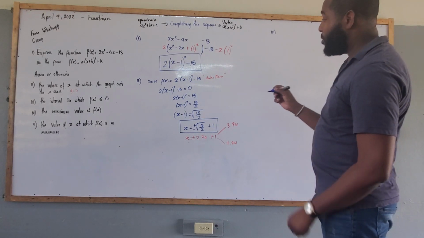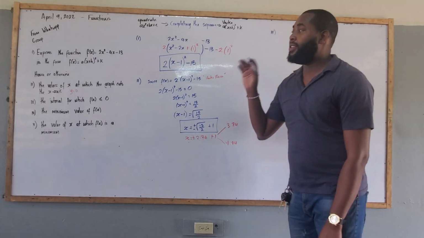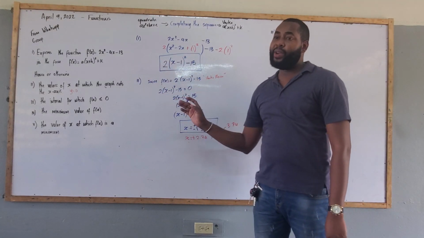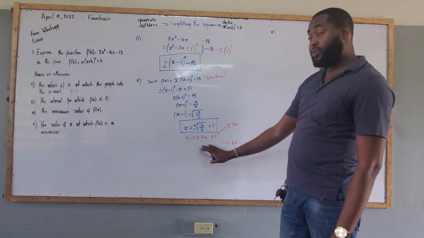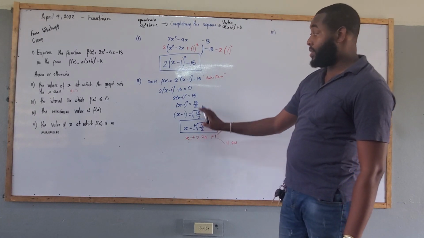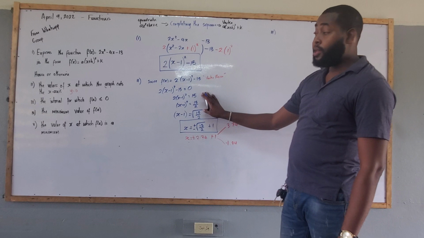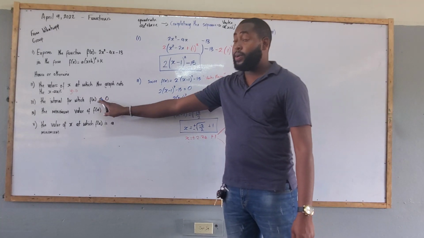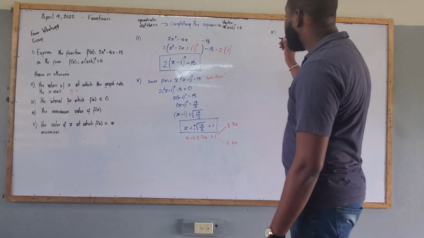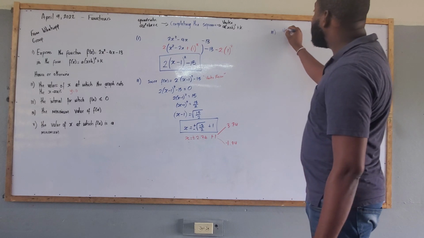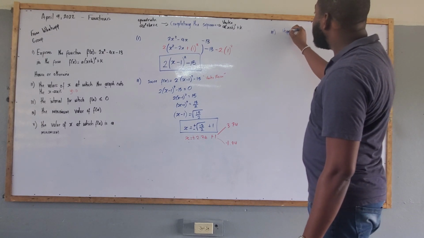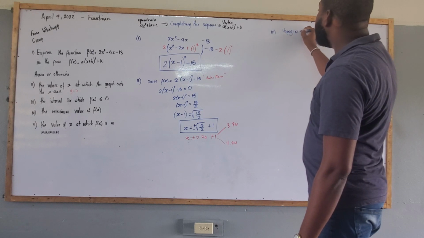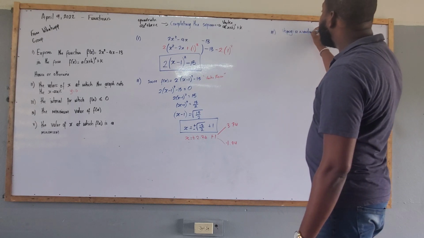Now, look what I'm going to do. The question is presented in a way where each part builds on top of the previous one. So we're going to take these two solutions because these were where it was equal to 0. Now we want to check where it is actually equal to or less than 0. I'm going to use a number line to extract the solution.